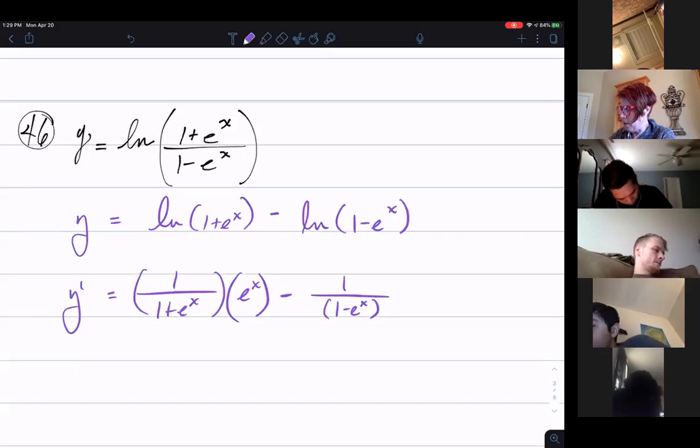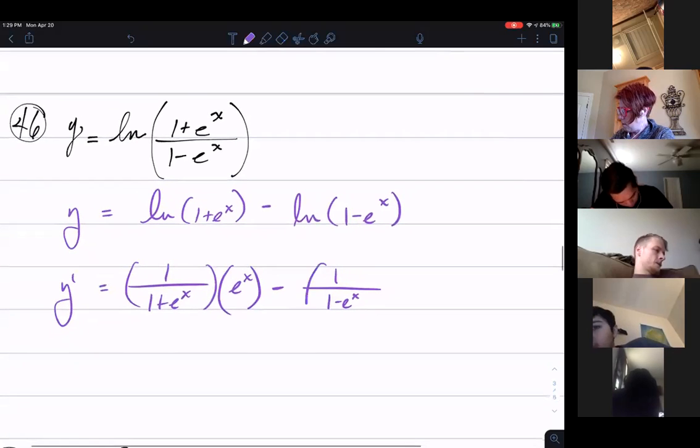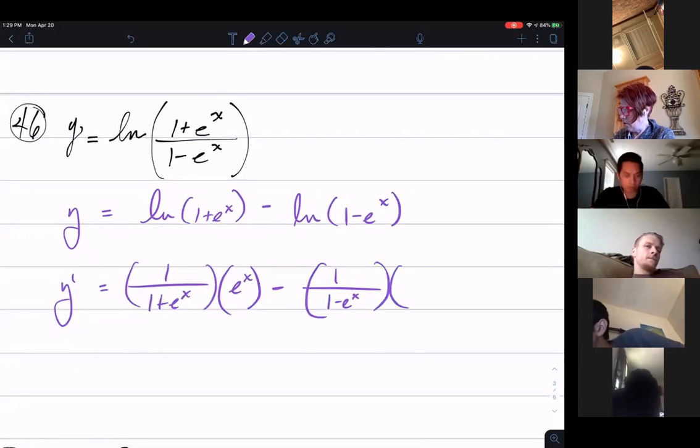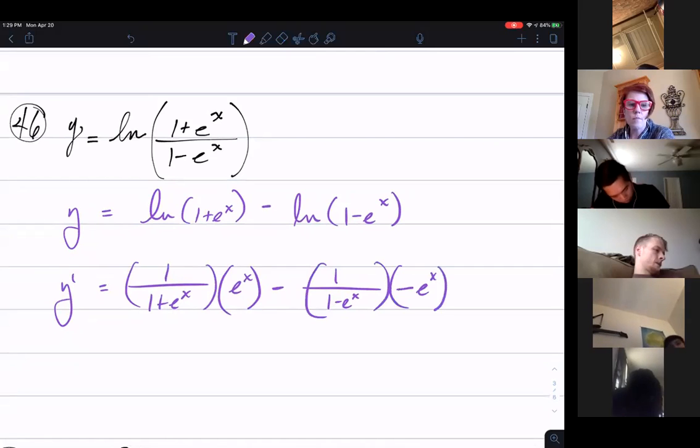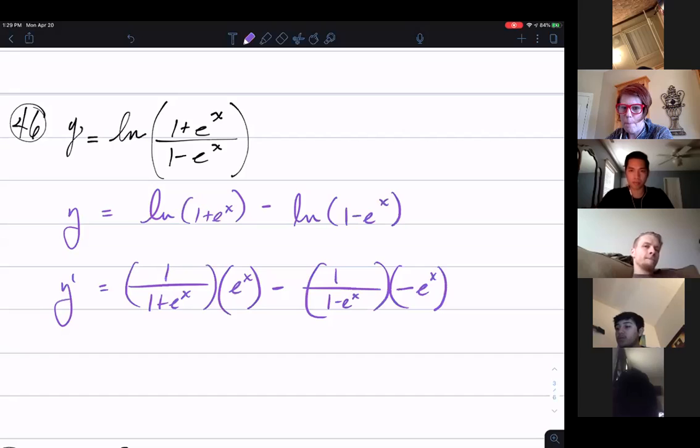Okay, so 1 over a copy, times negative e to the x, times 1. Which one is it, negative 1 or regular 1? Regular 1. Why is it a regular one? Because there's no negative in the power.